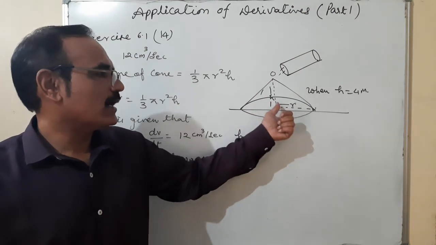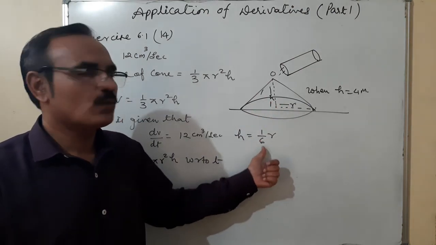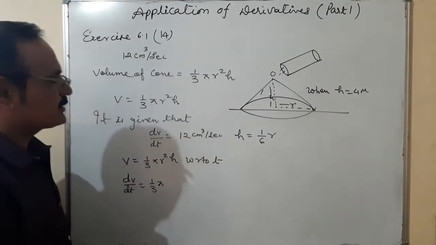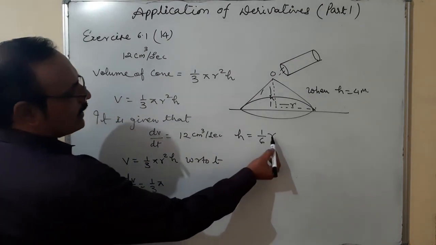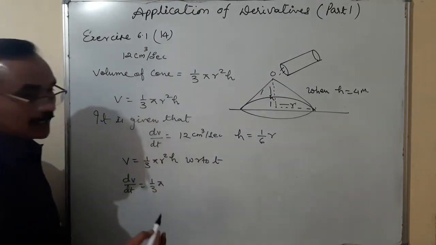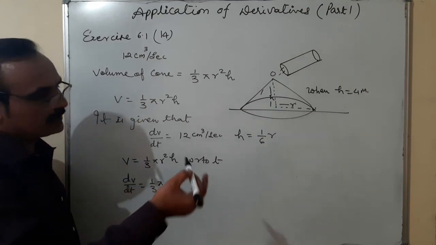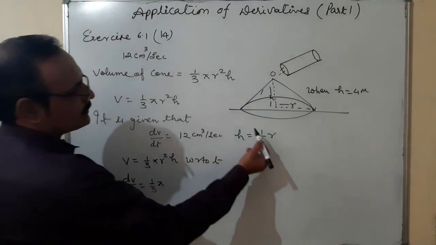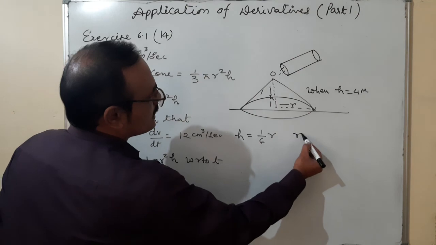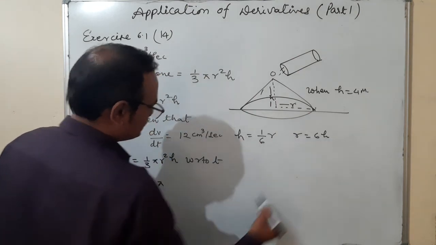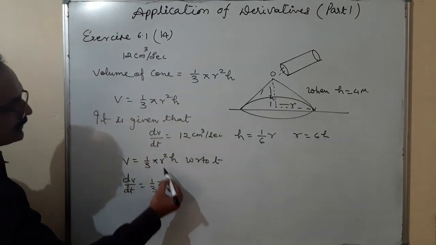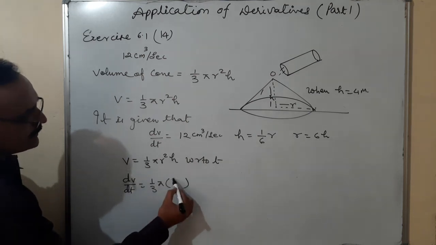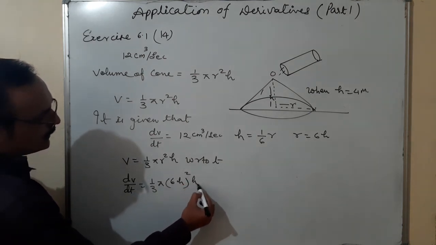So h and r, this relation is given: h is equal to 1 upon 6 r. That means I will have to write r is equal to 6h, because actually we are going to find dh upon dt, so h should be present here. So if h is equal to 1 upon 6 r, then r is equal to 6h. So there, 1 upon 3 pi, in place of r, we write 6h whole square into h.